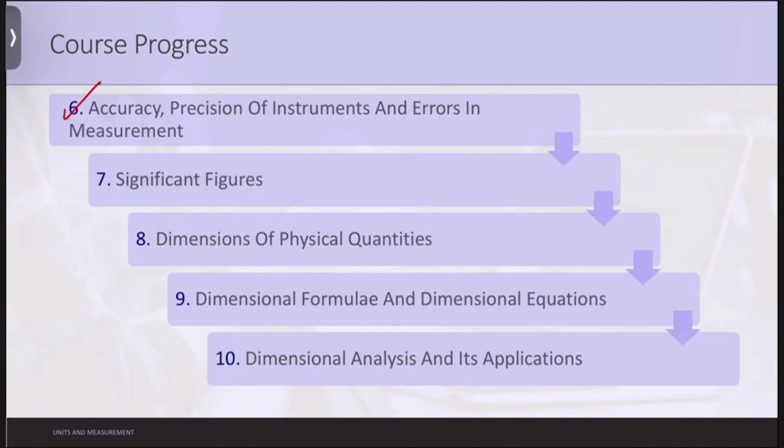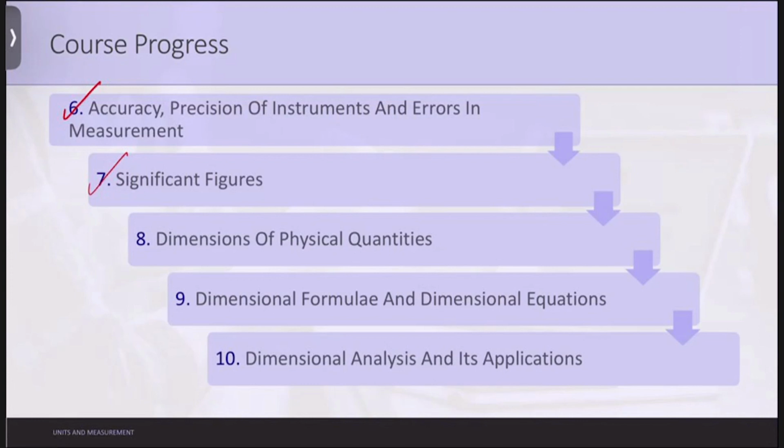Then we went on to significant figures. We understood all the rules: how to multiply, add, divide, etc., and finally obtain the results. One rule says that we generally carry all the decimal places in intermediate steps, and only apply significant figures in the last step.